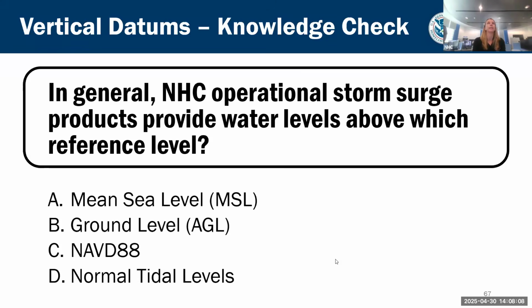Thanks for voting, everybody. And so I don't know if you can see the results, but the top vote winner was above ground level. So 35% of you thought that it was above ground level, and that's right.